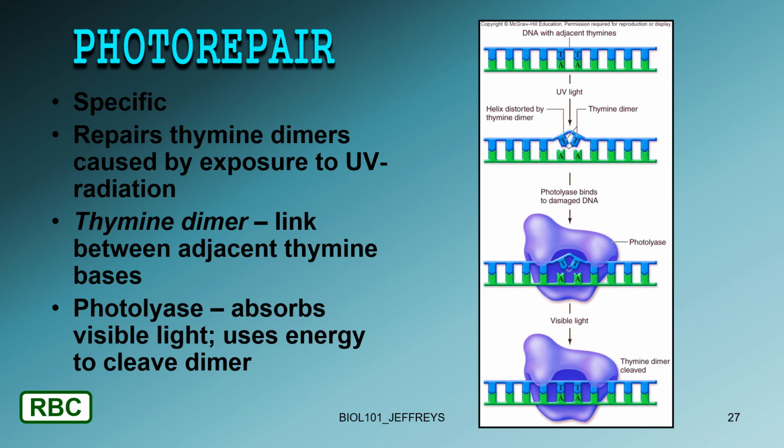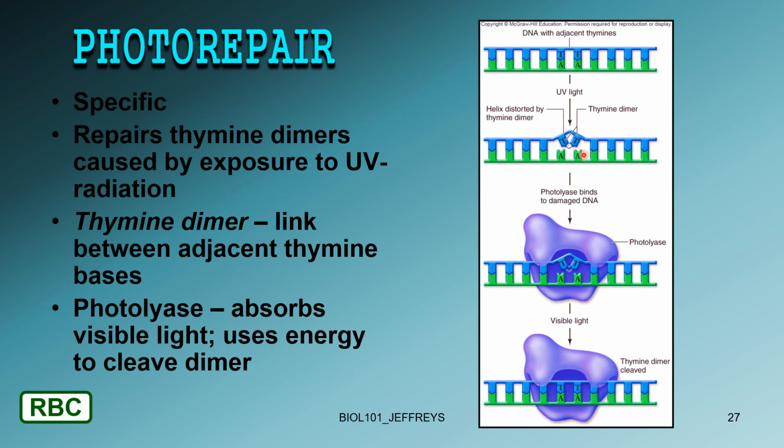So photo repair is a specific kind of DNA repair. It repairs thymine dimers, sometimes called thymer dimers, which are caused by exposure to ultraviolet radiation. So you hang out in the sun too long and you get thymine dimers, where two thymine residues in adjacent nucleotides get bound together.